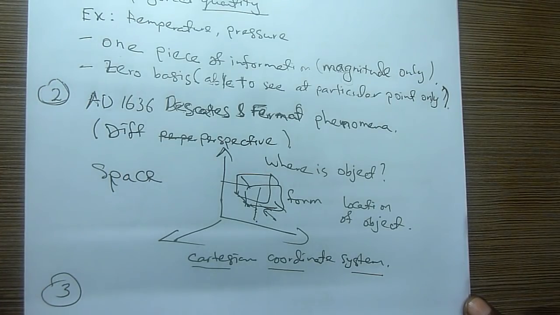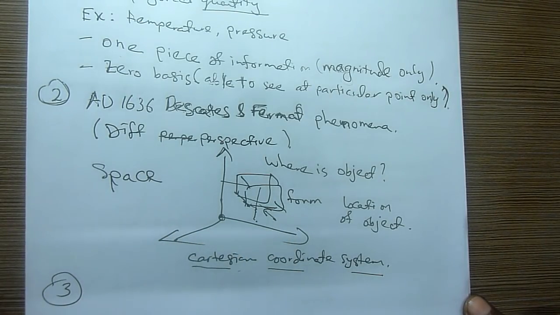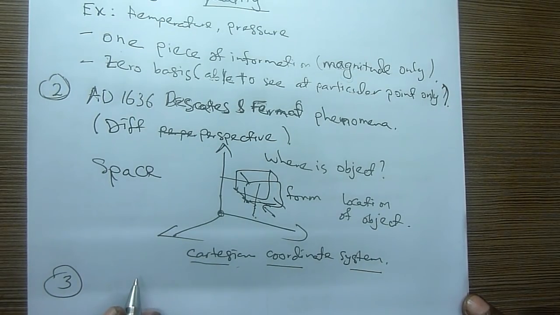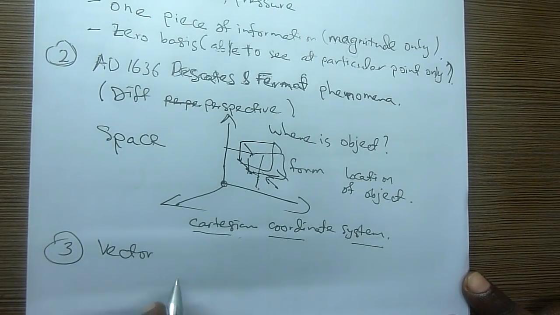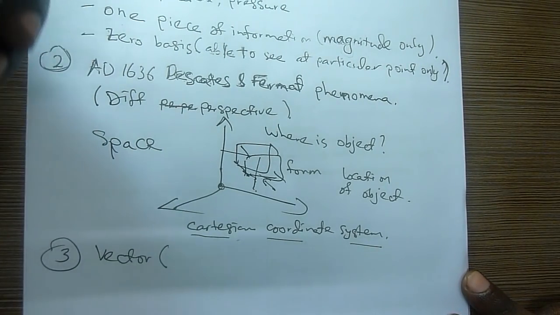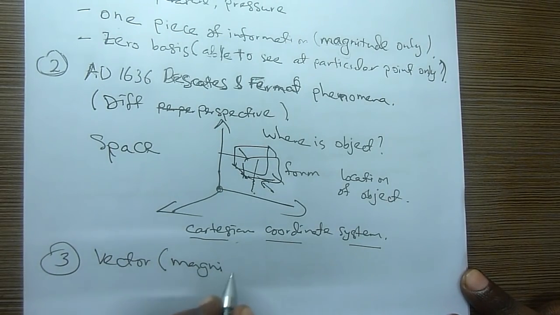Basically, Descartes and Fermat already contributed to the understanding of directions, but not in detail, because the Cartesian coordinate system is only able to give you the location of a particular object when we refer to the origin point. Therefore, mathematicians introduced vector as a solution to get further detail about any object.